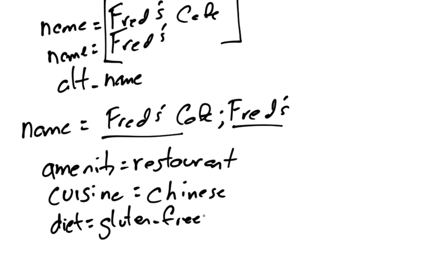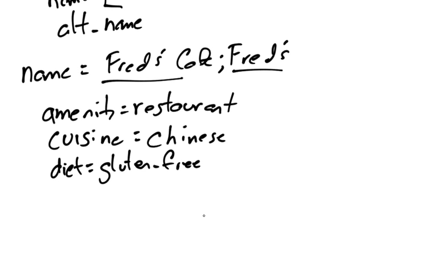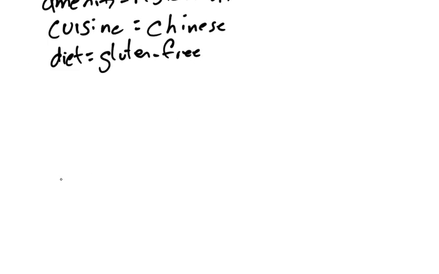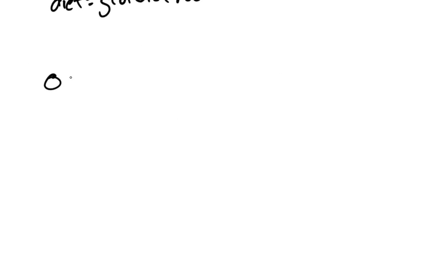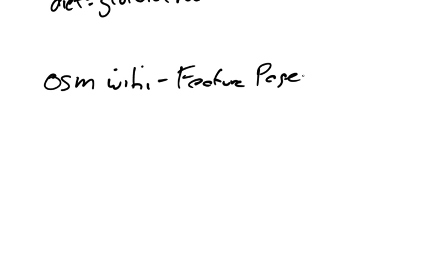So where can you find tags? I'll give more of this information in the video description, but there's a feature page on the OSM wiki, which has all of the main keys.